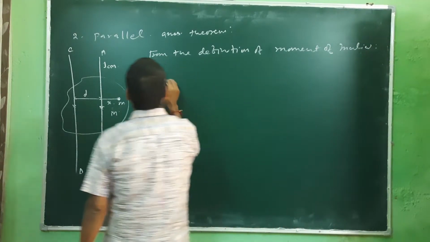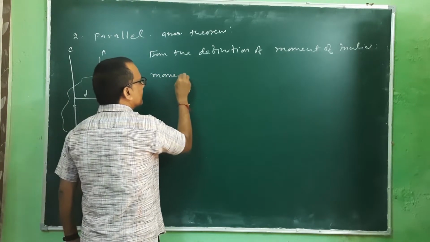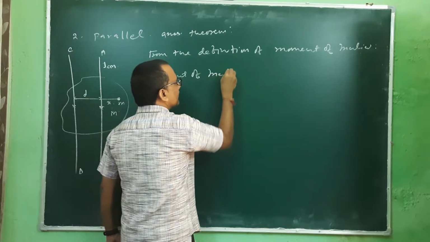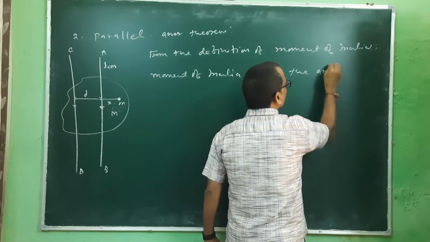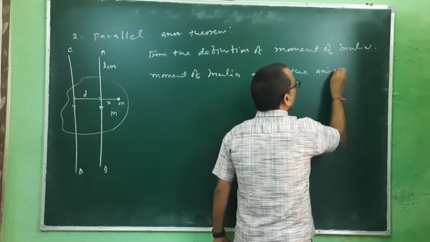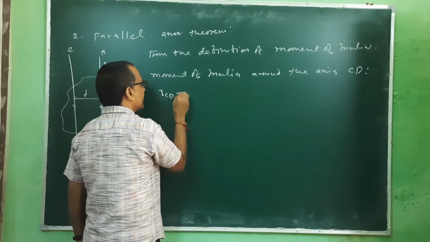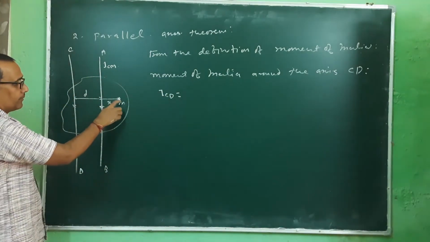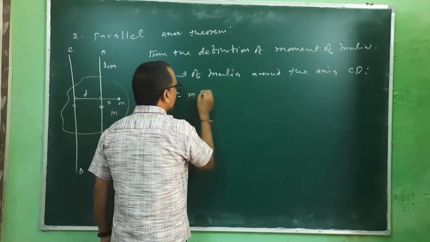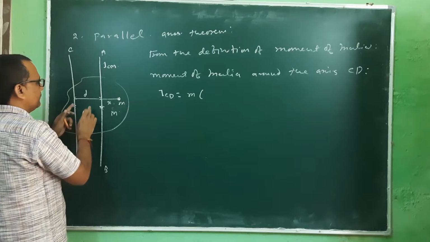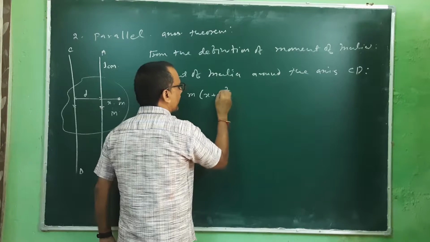one can have the moment of inertia around the axis CD, ICD, equal to the mass multiplied by the total distance, which will be x plus d, square.